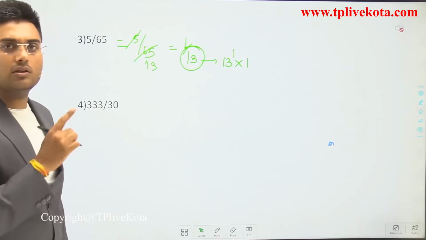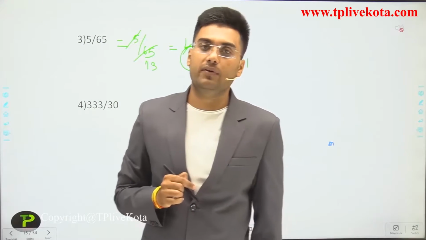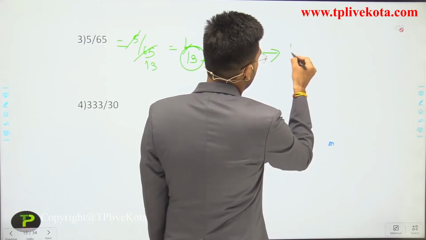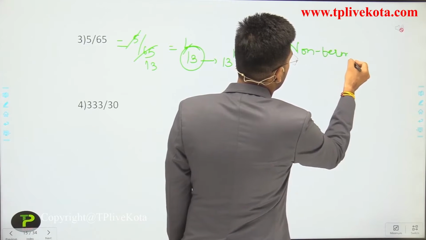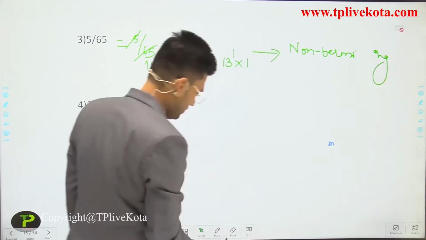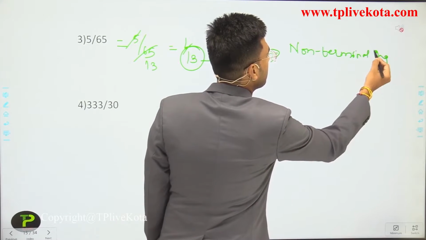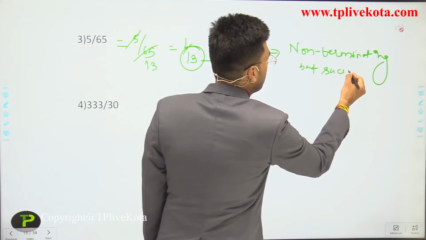So it is not in the form of 2 power m multiplied by 5 power n. So it is not terminating. So it is non-terminating but recurring decimal.